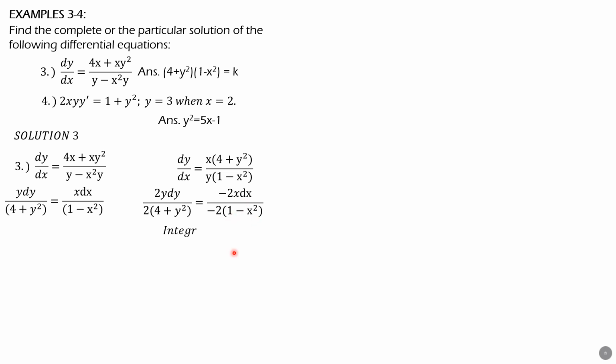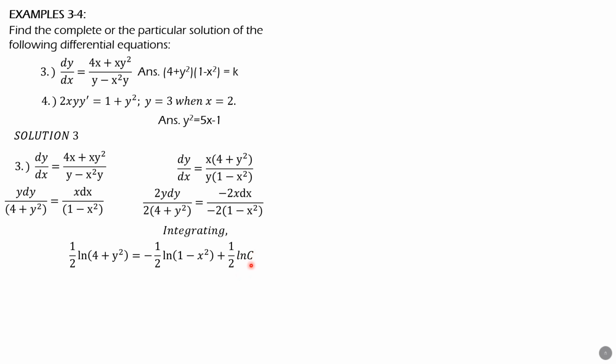So integrating, we have 1/2 ln of (4 plus y squared) equals negative 1/2 ln of (1 minus x squared) plus 1/2 of ln c. This is a constant, but we just form it into the same form as this so that the solution would be good to look at.